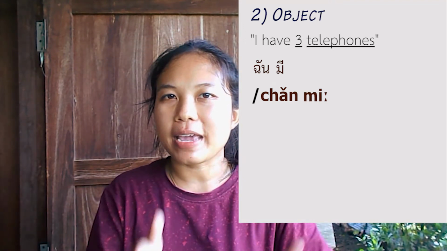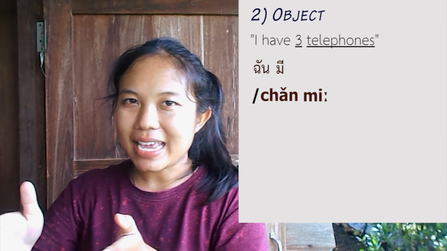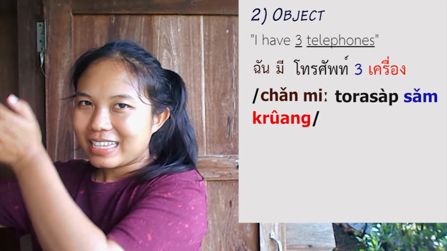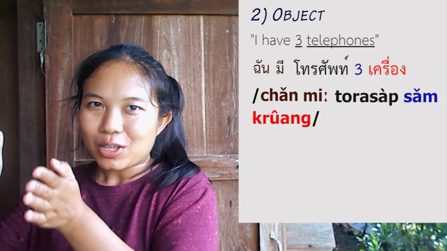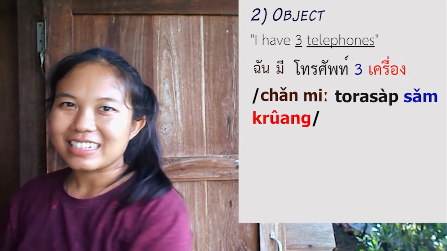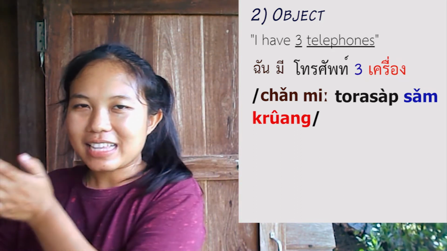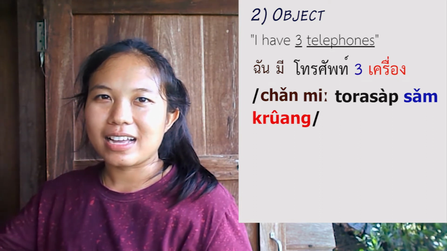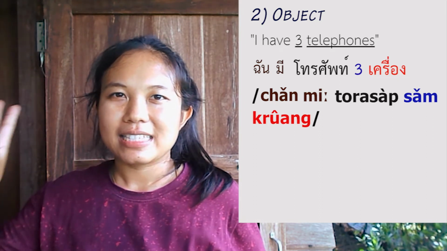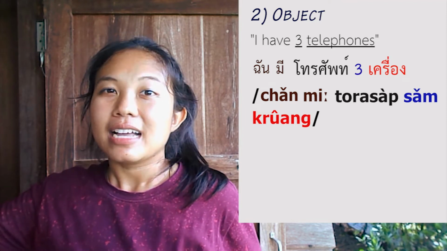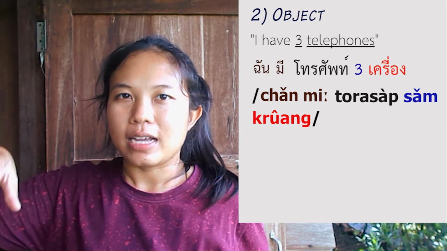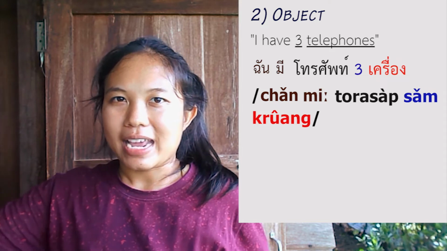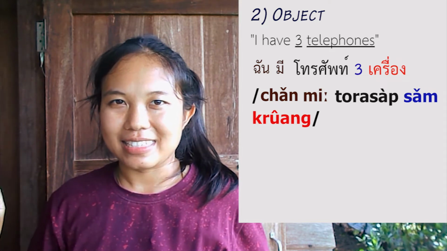Then our sentence will be ฉันมีโทรศัพท์3เครื่อง. เครื่อง is the unit of the telephone, and 3 is 3 in Thai.